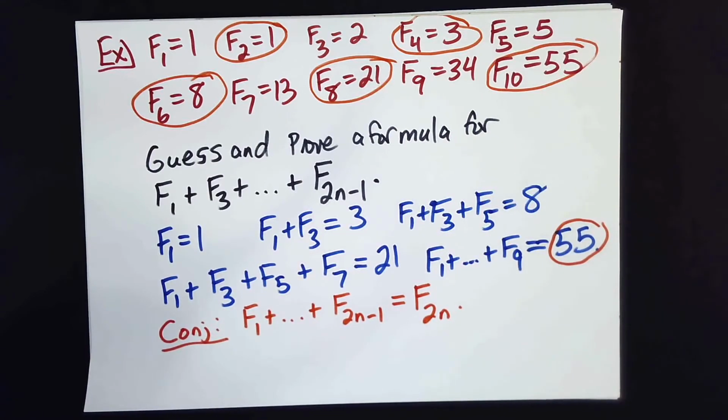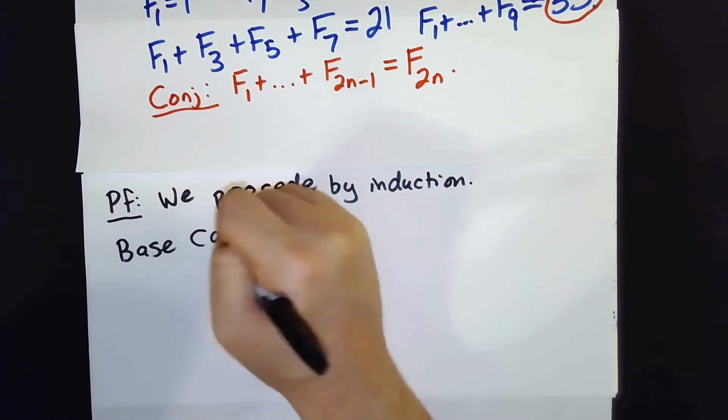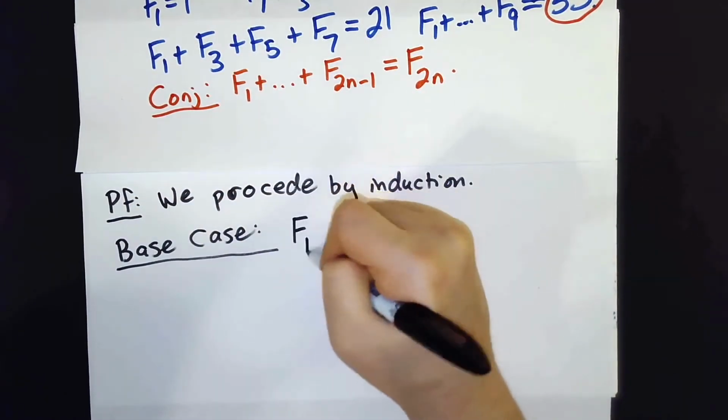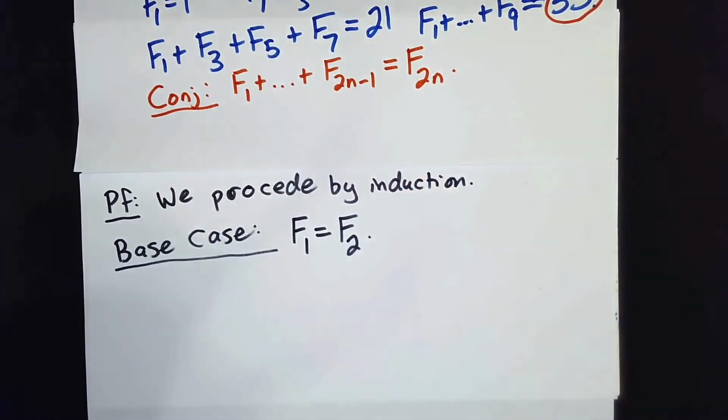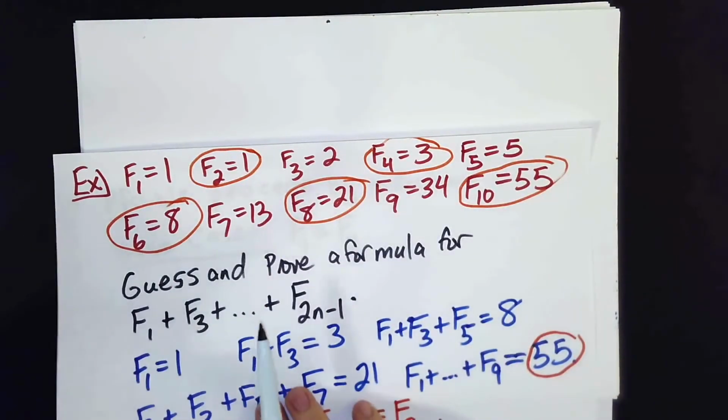But we do have a tool at our disposal that will hopefully let us prove this. Namely, of course, induction. What does our base case say? Our base case says F1 equals F2, which, by this choice of indexing for the Fibonacci numbers, is true.